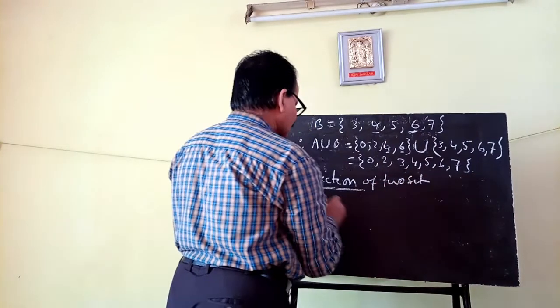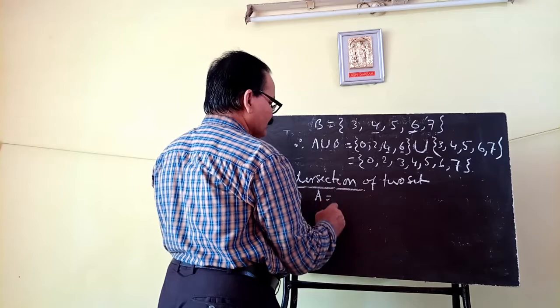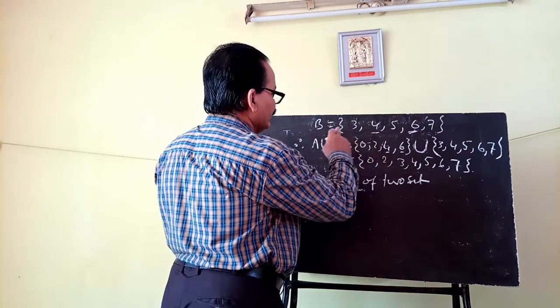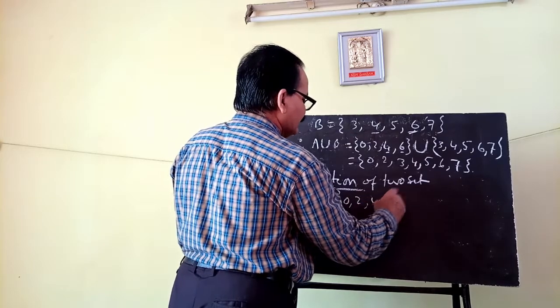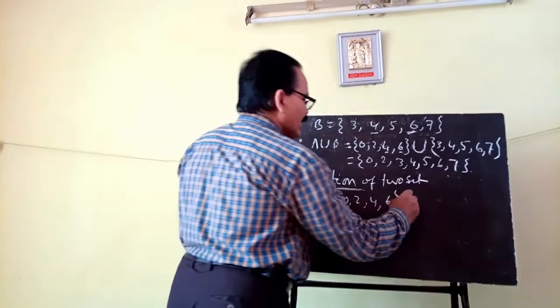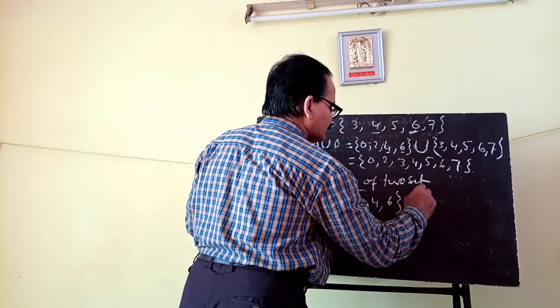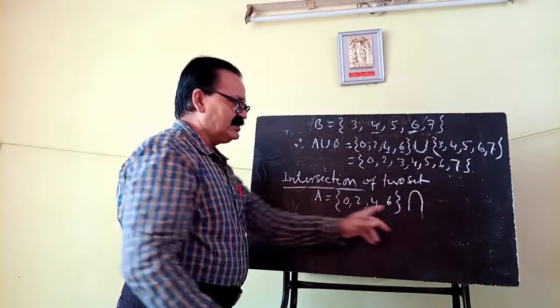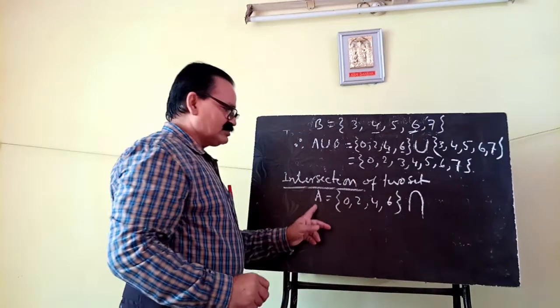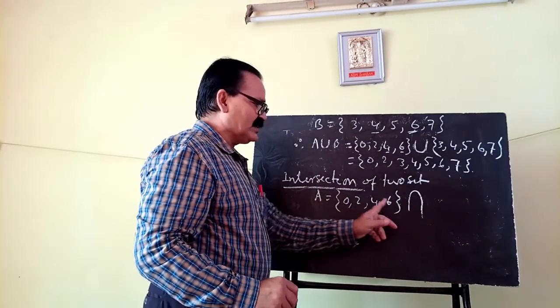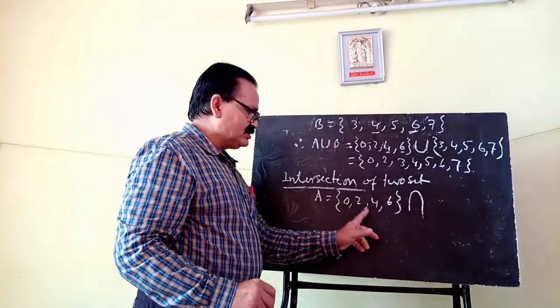Suppose your set A, which you have written right now, is 0, 2, 4 and 6. For intersection you write the sign, an inverted U. So set A is 0, 2, 4, 6.